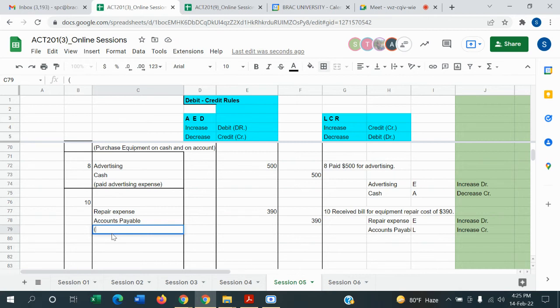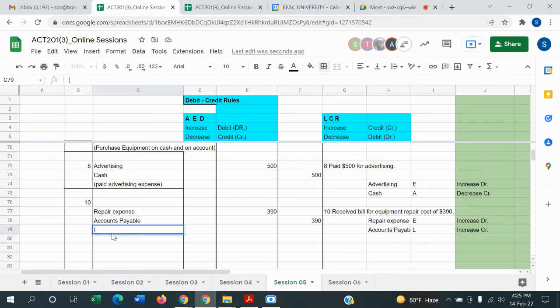Sir, is it because they haven't specified whether it's paid or not that we're putting it under accounts payable? So received bill, will this always fall under accounts payable? This receipt bill means that after providing the services, they have given an invoice to you that we have provided services to you and you have to pay this amount to us.